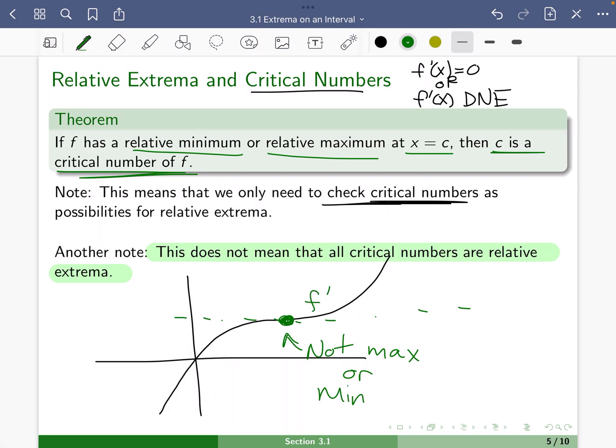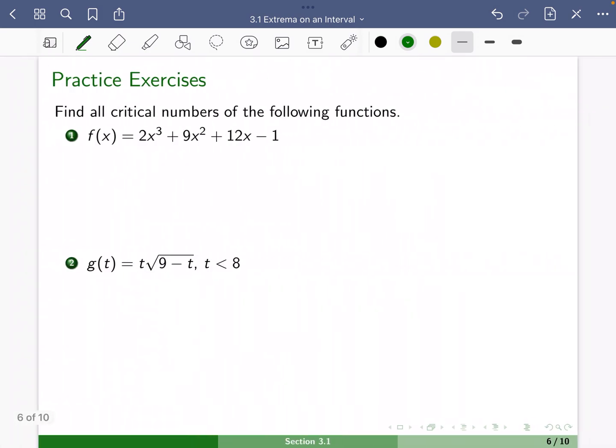Our derivative here is 0, but we don't have a maximum or minimum.